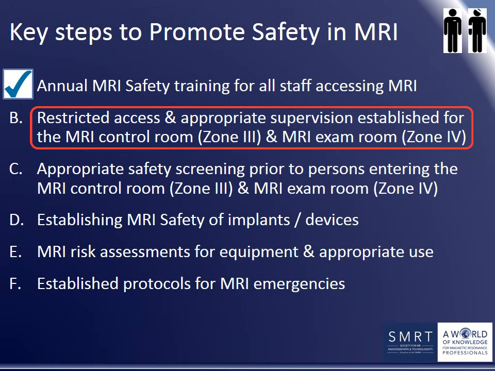Another important step for promoting safety in MRI is restricting access to the MRI scanner room by establishing appropriate supervision of all persons in the control room and MRI scanner room, zones 3 and 4 of the MRI suite.